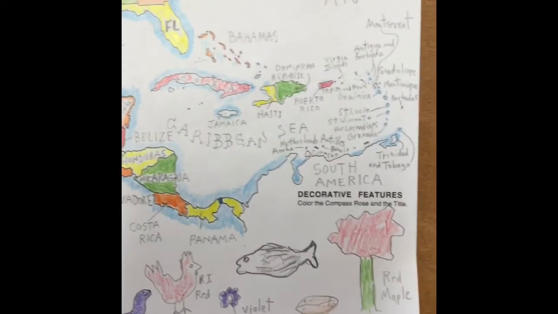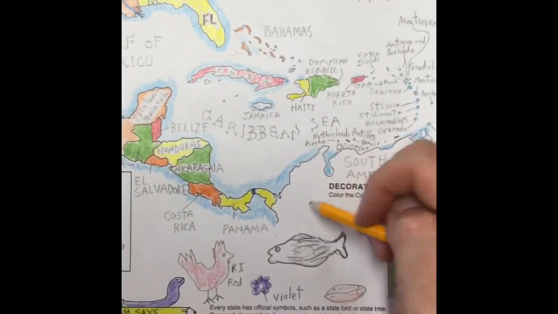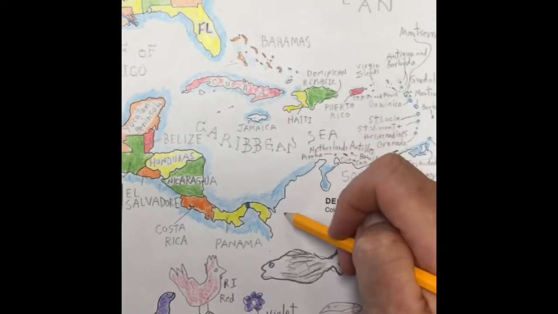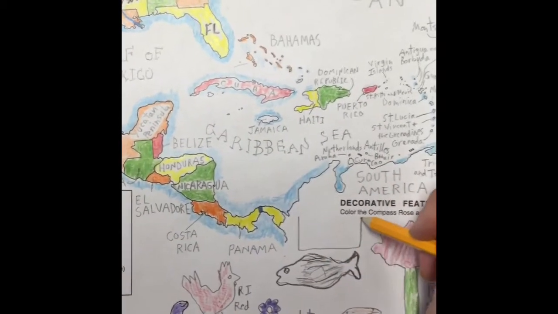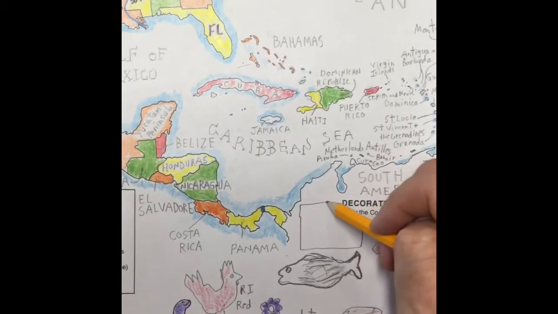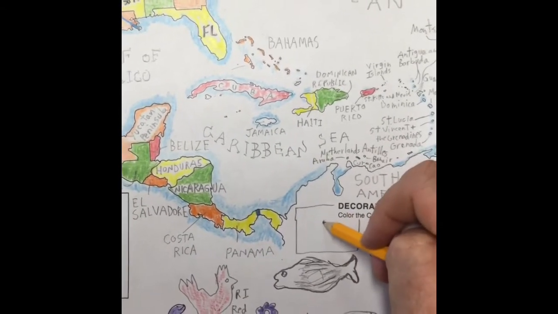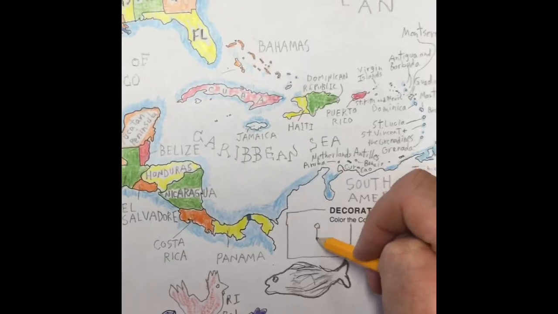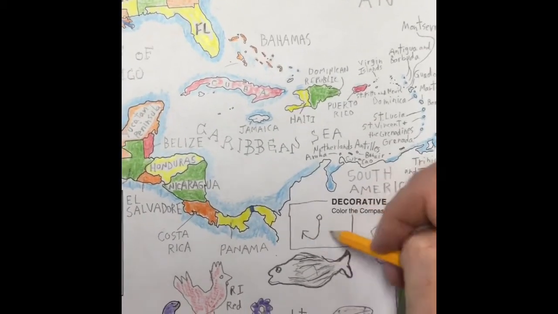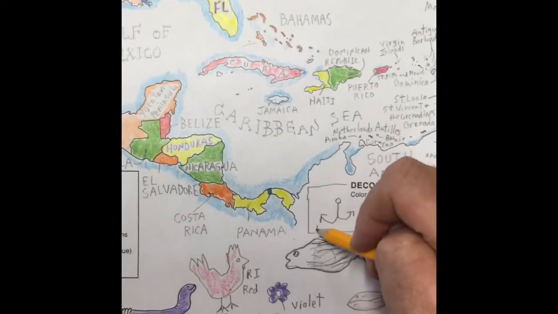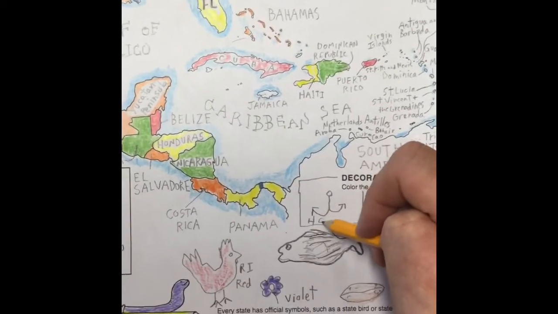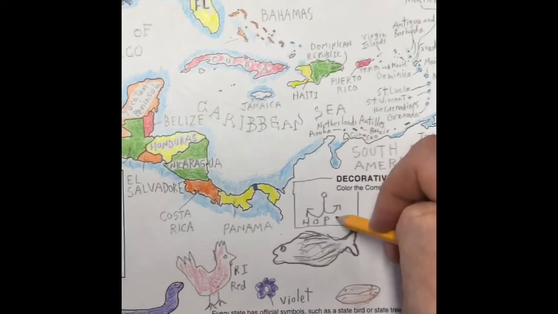Okay, and one last one. Oh, I know, it's fun to put the state flag. Sometimes, if you have a flag that's not too complicated to draw, you could draw a state flag. In Rhode Island, our flag happens to be a simple one. It's just an anchor, and it's got the word hope, which happens to be our state motto as well.